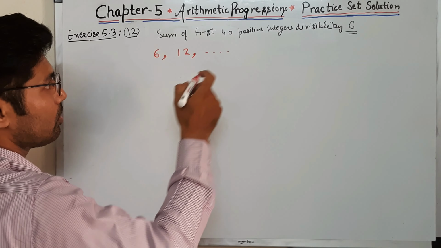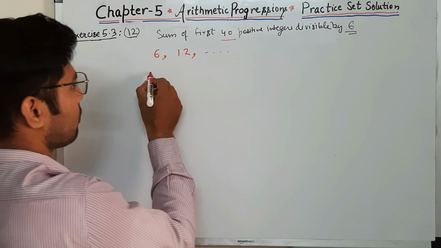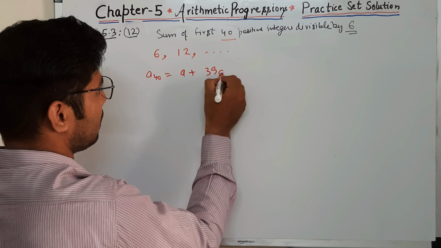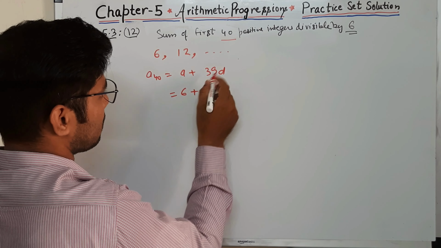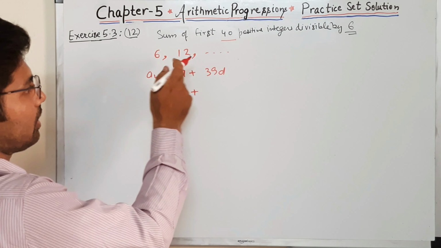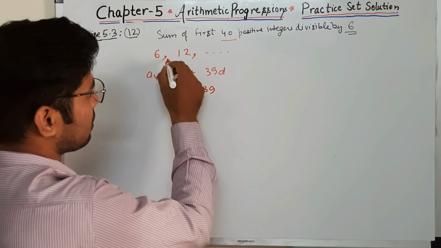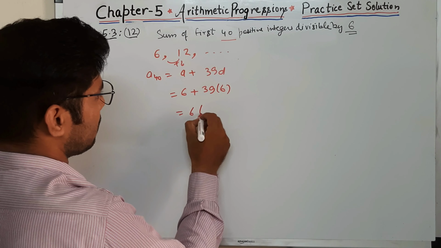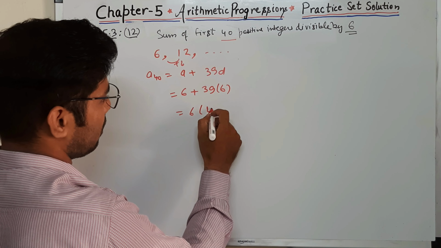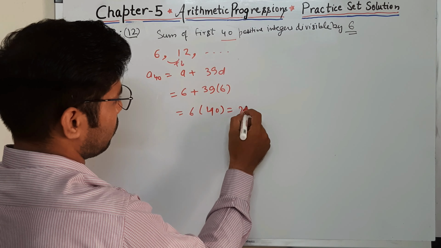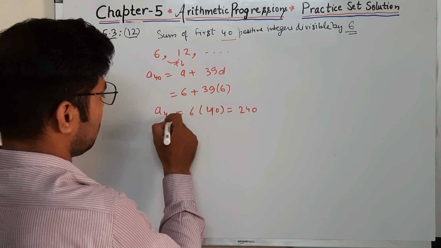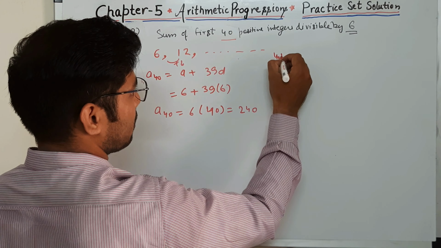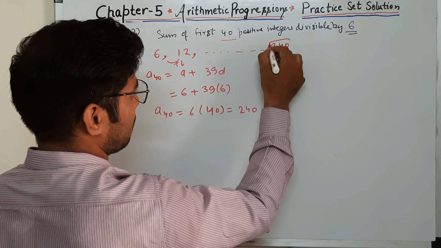Now we need to find the 40th term. 40th term will be a plus 39d, 6 plus 39 into d, d is 6, right? You will get 240. So the 40th term will be 240.